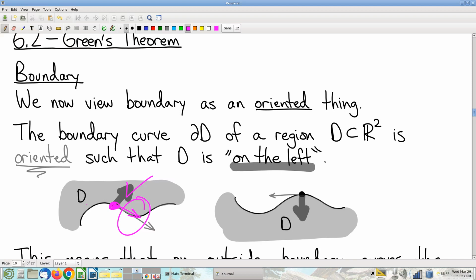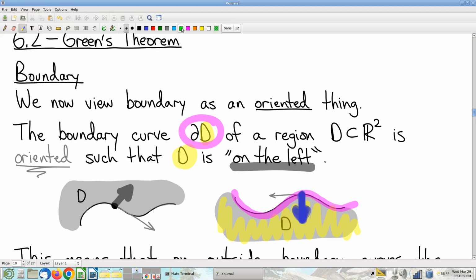That's right. Let's see another example. Here again, the big gray blob is our region D. That's the thing whose boundary I want to talk about. The boundary, of course, is this curve. I'm only drawing a portion of it, because I don't want to get distracted by the whole rest of the shape. Which direction do I need to walk along this curve such that the region D, the region whose boundary I'm talking about, is on my left?